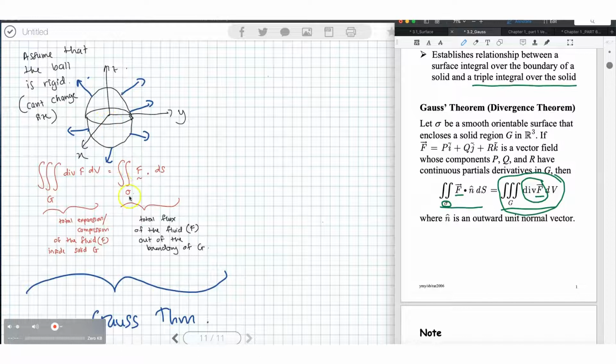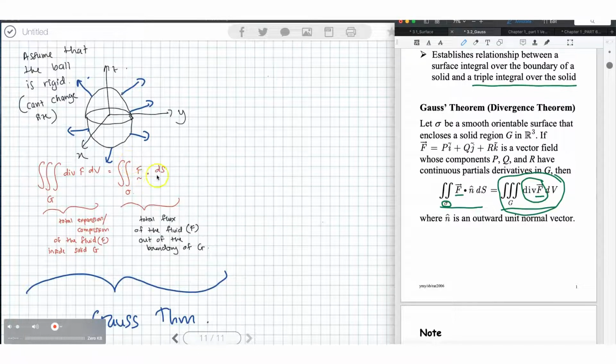Now what is the physical meaning of the right side? As I mentioned before, it is the surface integral of the fluid F over the surface. Because it is a closed surface, we can assume it is just like a solid.